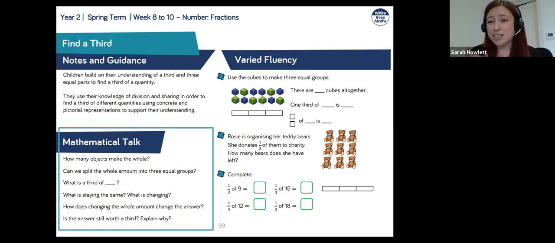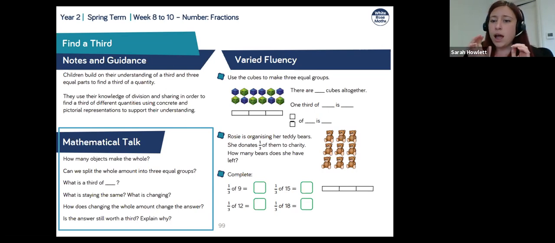Now, Fiona actually mentioned this in her session as well and talked a lot about the importance of talk, but also the importance of questioning and getting that effective questioning going. Well, here we've tried to link some of our questioning to some of our varied fluency questions here, but some of them are more general. Some of them are things that you would be able to transfer into other questions if you didn't use these as well.